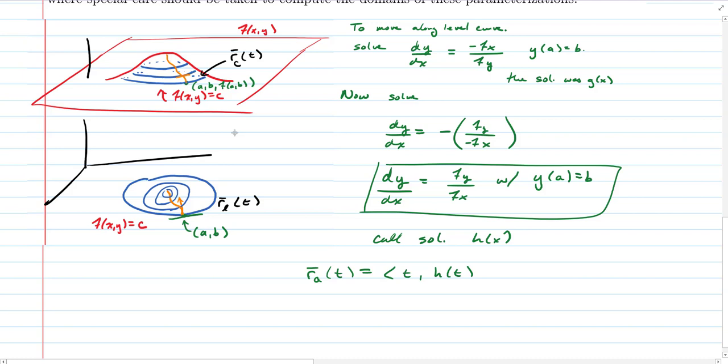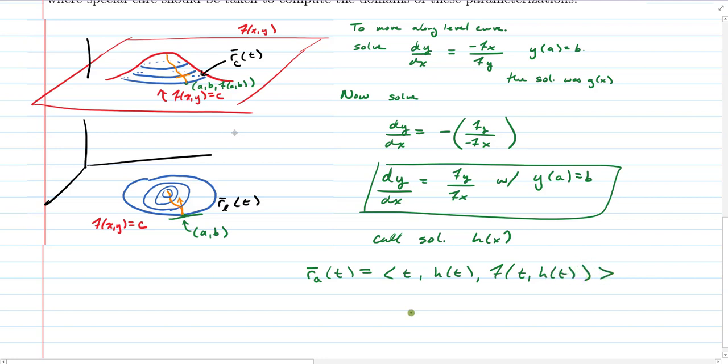If we want to get this curve up here, we get the x-coordinate and the y-coordinate from our domain, and then we get the z-coordinate by simply plugging t in for x and h of t in for y into our function f. So this would be f of t comma h of t, and this gives us the path of steepest ascent.